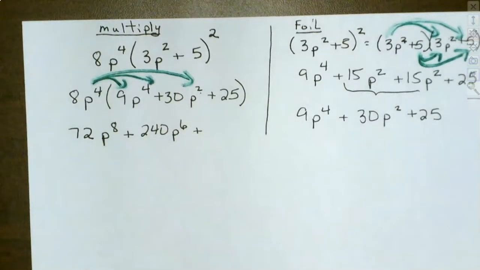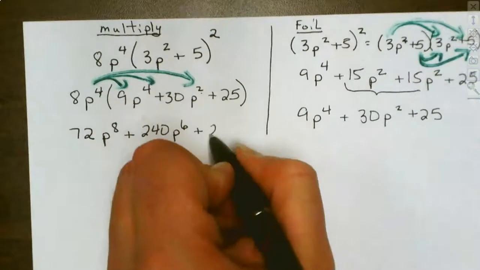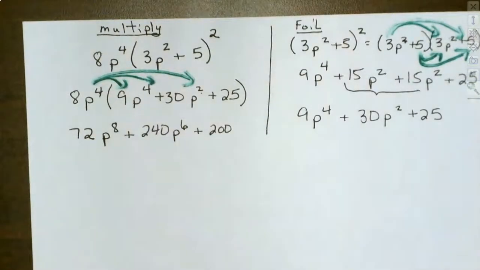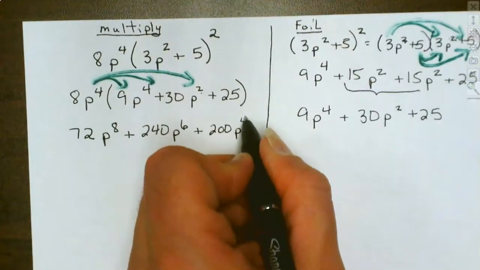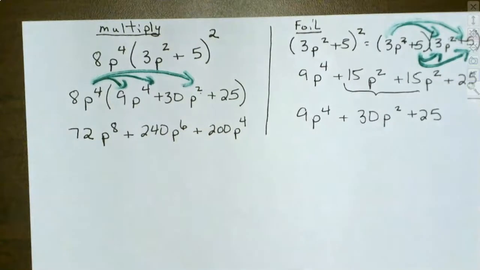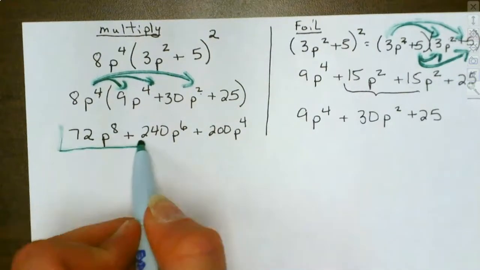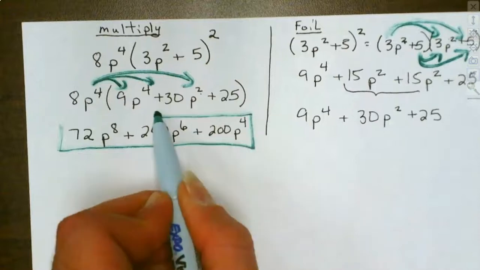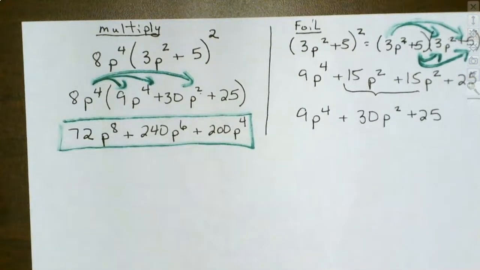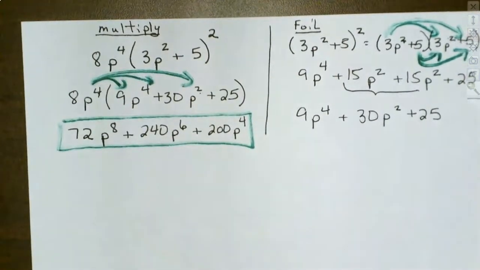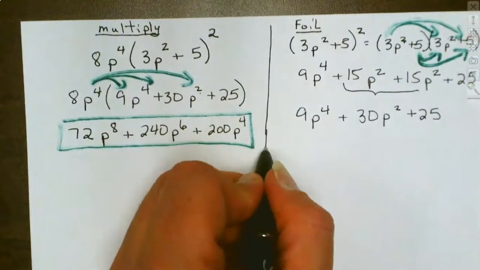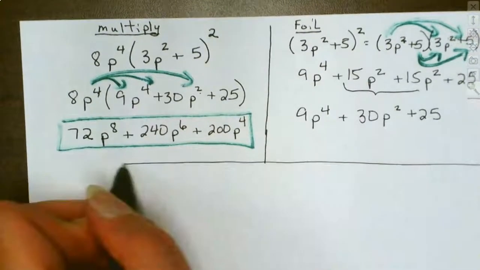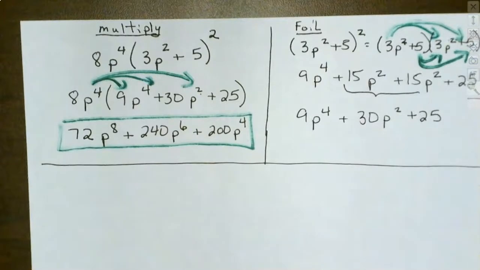And then we've got 25 times 8, and I believe that's 200. That's going to be then a 200 p to the what? Fourth power. That's it. That's our final answer. How do you know when we're done? Well, we're done when there's no parentheses left. Nothing can be combined together.